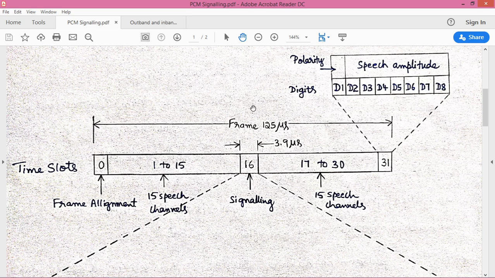1 by 8 kilohertz gives the time period or sampling interval of each sample, and that was found to be 125 microseconds. So please note that within 125 microseconds, in order to send a particular sample, we require just about 5 microseconds.